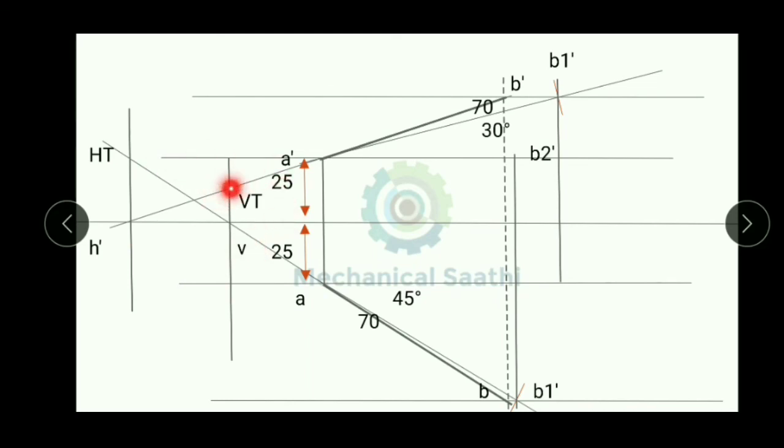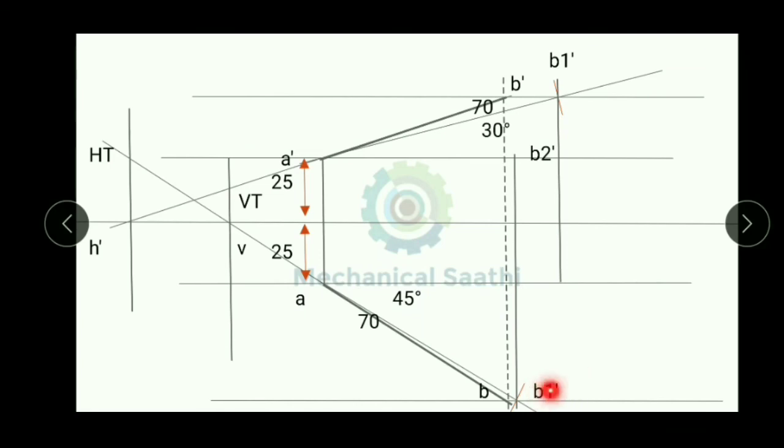At this point we get the vertical trace and at this point we get the horizontal trace. So this will be the total drawing, and if we mark all those points, the true length or true dimension will be b1 dash, and the projection of that is, okay, this is not b1 dash, this will be your b2.